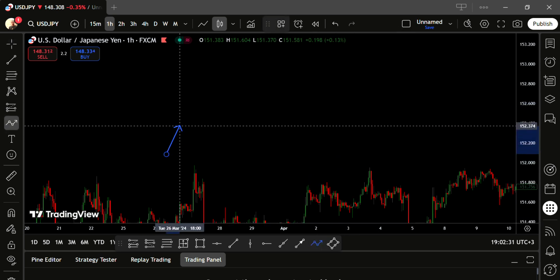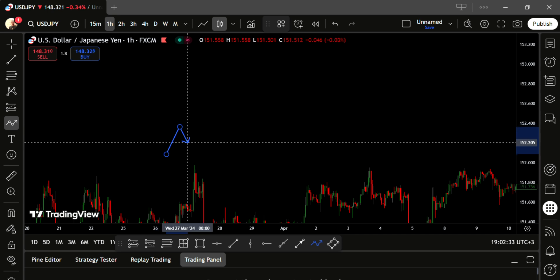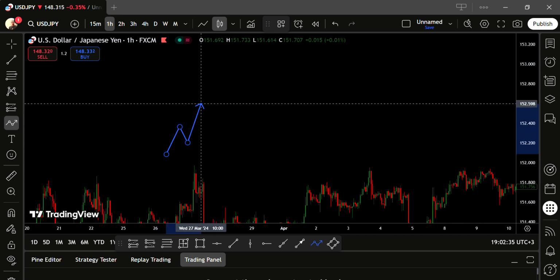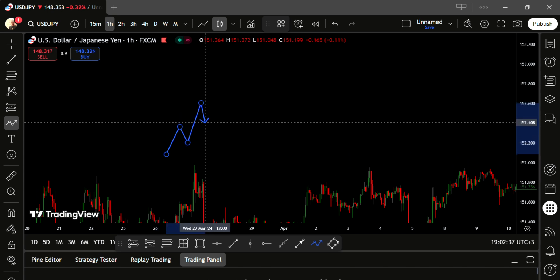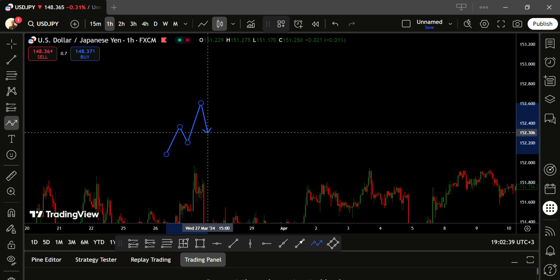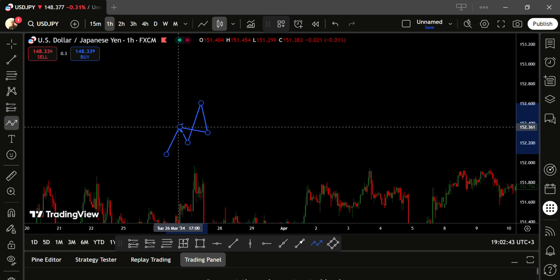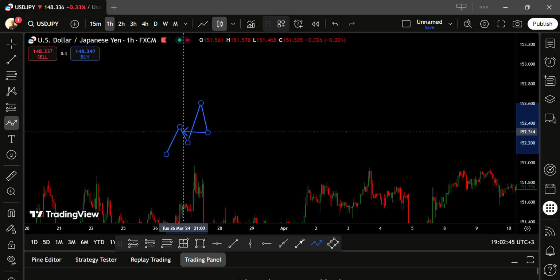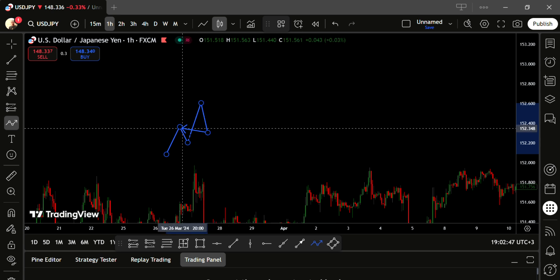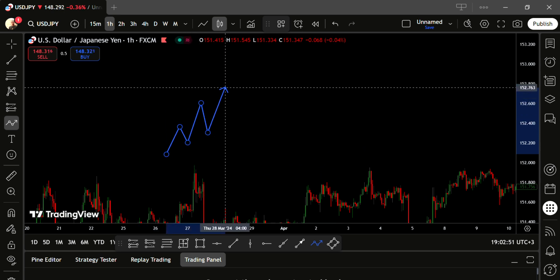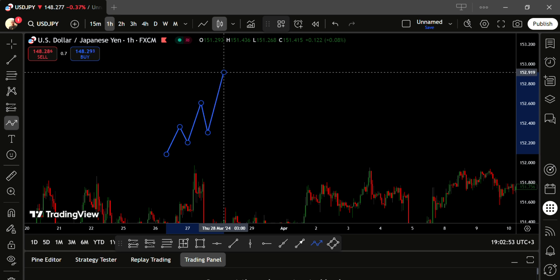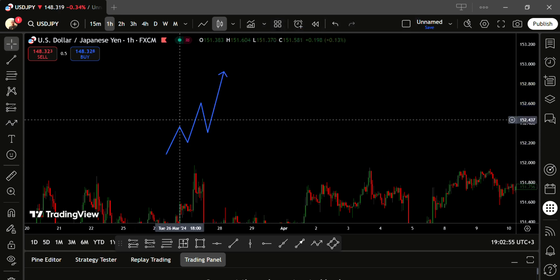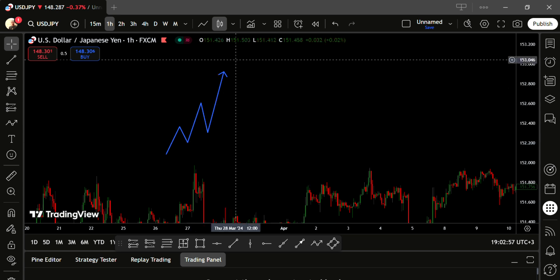Price makes a high and then makes a higher low, then breaks this previous high to make a higher high, and then comes back to make a higher low, and that higher low should be on this previous high, which turns into support. It was the previous resistance. Then price after makes another high like that. You see, this is a high, higher low, higher low, higher high.